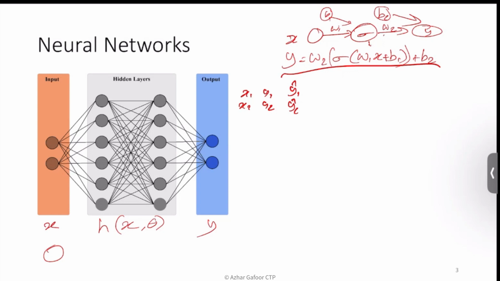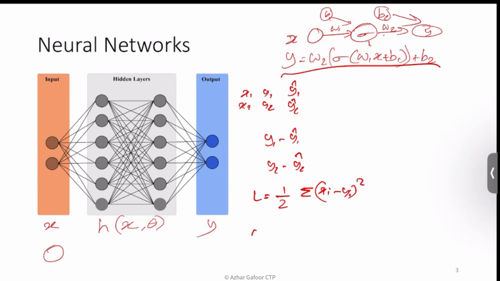Now to update the weights, which are the required metric to reach our result, we use errors like y1 minus y1 hat, y2 minus y2 hat. We can define the loss function as the average of the summation of (xi minus yi) squared. This is mean square error.